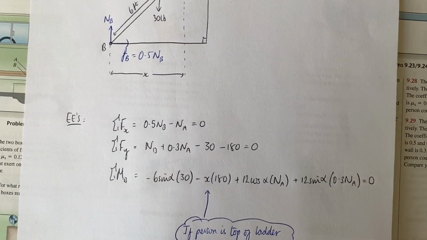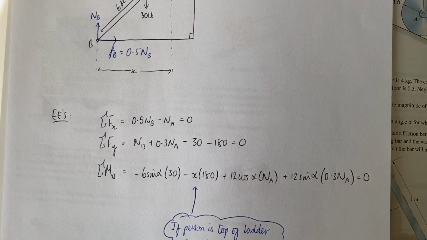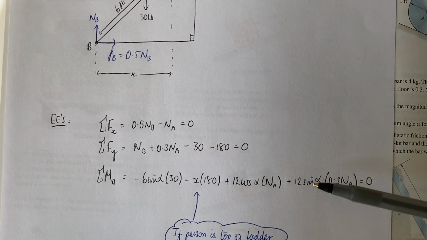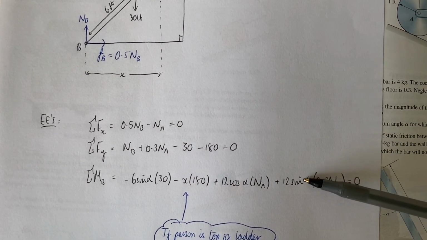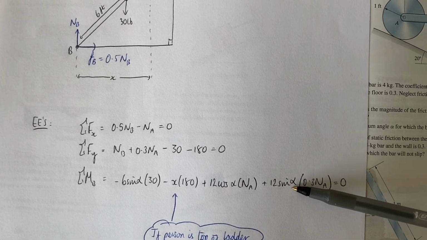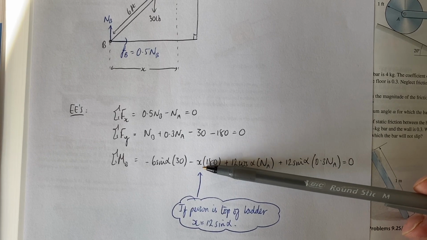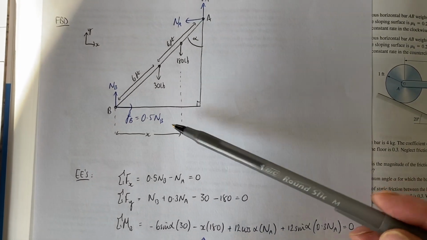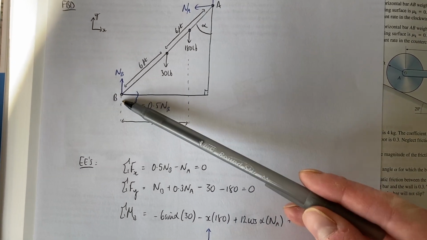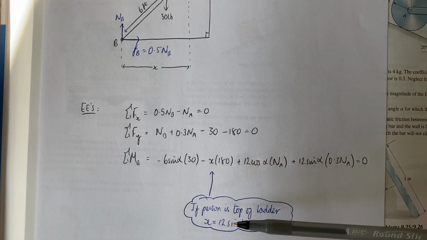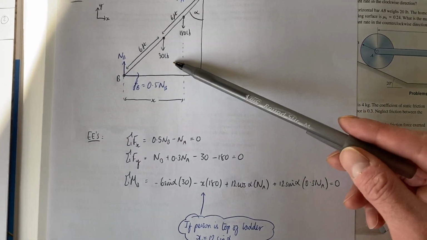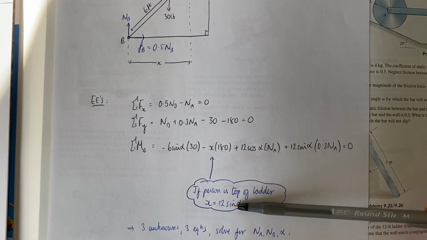To solve for the maximum alpha that's possible without the ladder slipping when the guy is at the top of the ladder, I need to replace this distance x with this horizontal distance here, which is 12, because that's the length of the ladder, sine alpha.